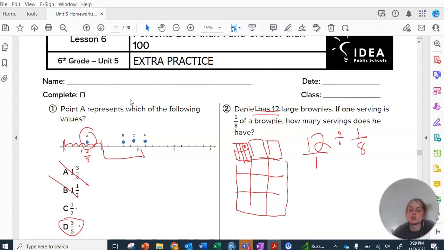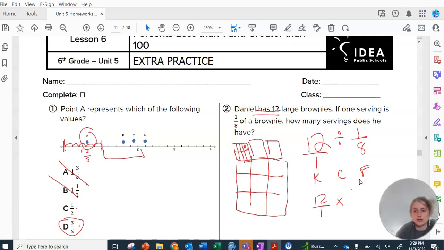When we have fraction division, now that they're both fractions, we can keep the first one, change the second thing, and flip the last one. So keep the 12 over 1, change my division to its inverse operation. I'm going to change it to multiplication. And then flip, the real word for that is find the reciprocal, which means that you had 1 and 8, and now it's in the opposite order.